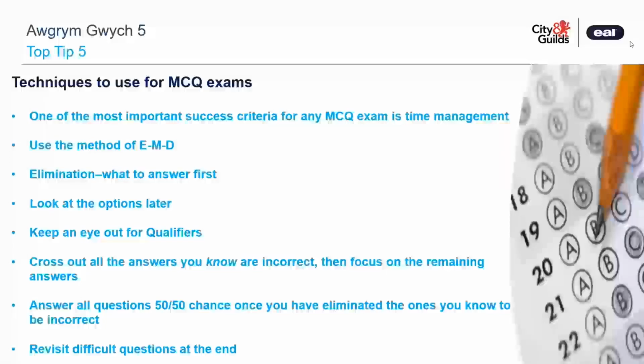Another hint you can share with your learners is to keep an eye out for qualifiers. Qualifiers are phrases that tend to make an absolute declaration about something, and they tend to make an answer wrong. Words like always, never, none, and every may reflect a misleading response, because they can be too extreme.